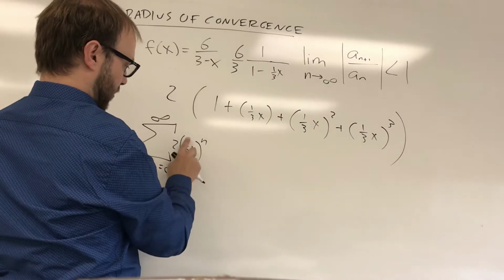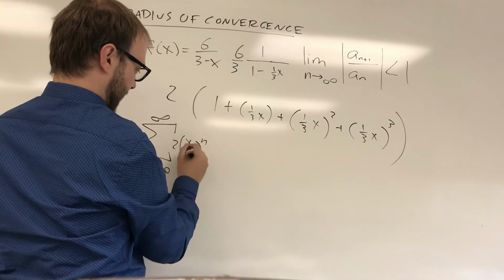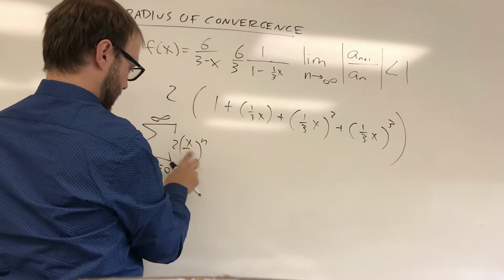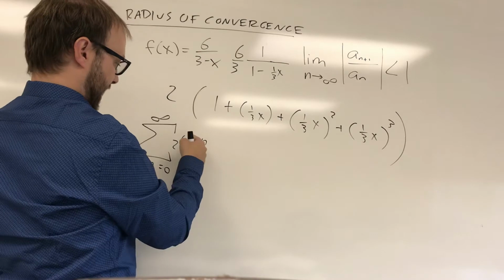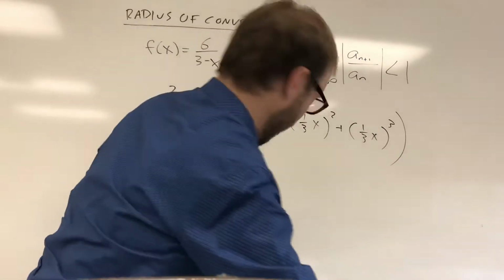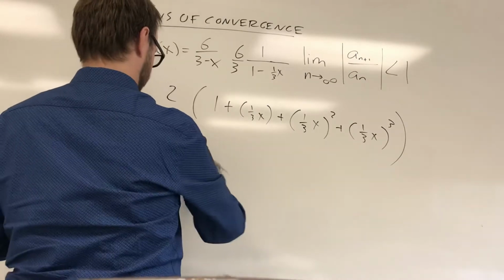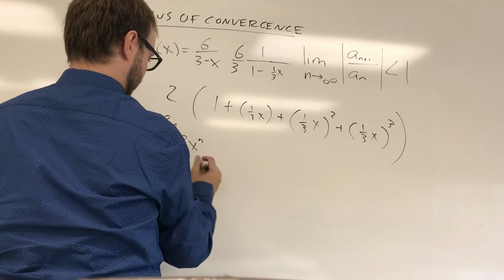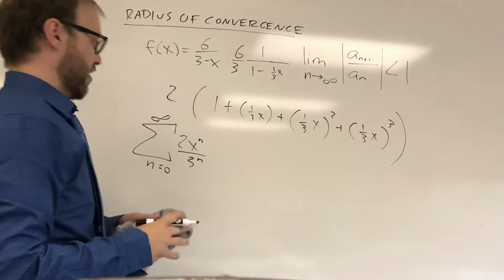This is x over 3, and it's being taken to the n. And so you could write this as x to the n over 3 to the n, and then the whole thing being multiplied by 2 is probably how I would write it. So I'm going to rewrite it as 2 times x to the n over 3 to the n. We're going to write the terms like that, okay?